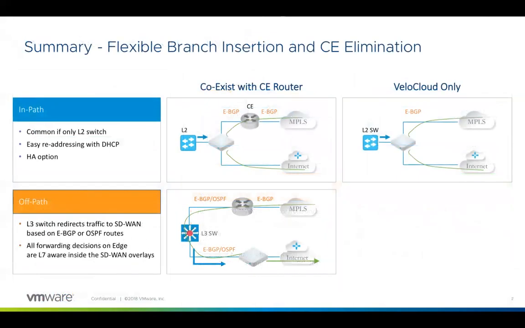So as a summary, with both insertion and also PE connectivity, there are really two different topologies. One is in-path, one is off-path, where for off-path, basically you have to run a routing protocol to attract routes towards the VeloCloud Edge.